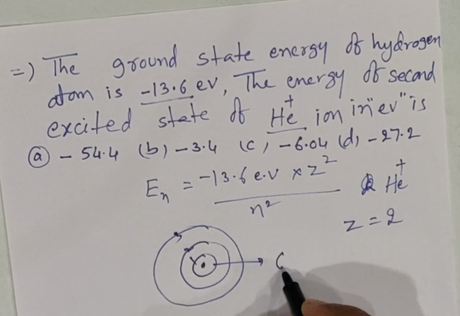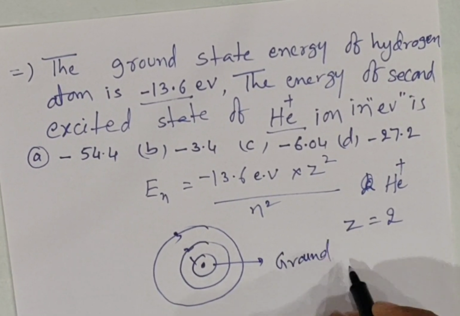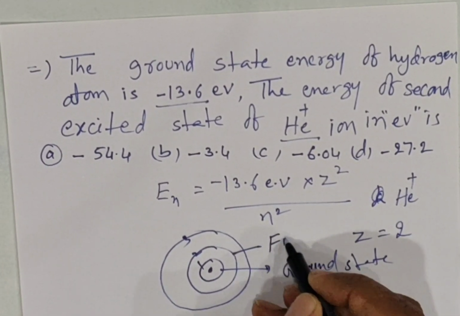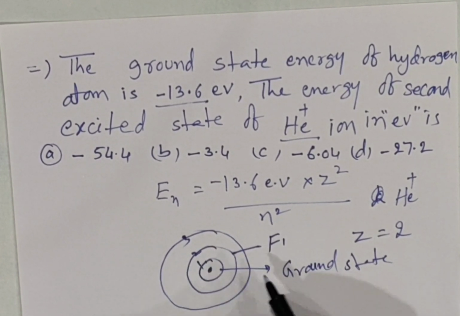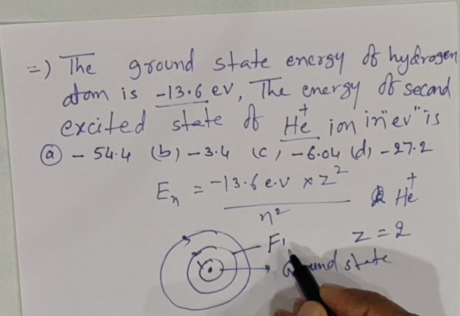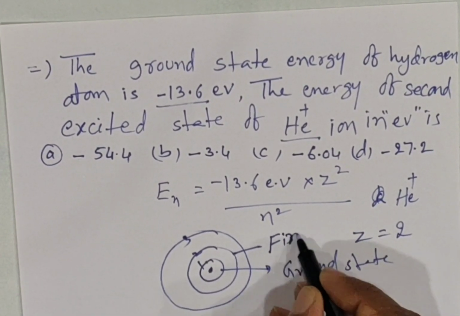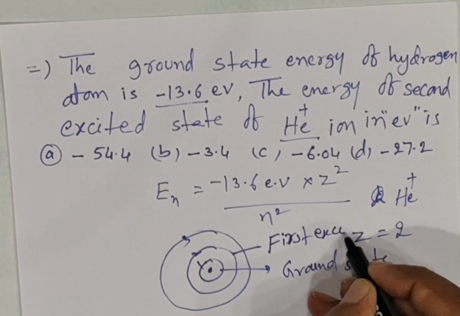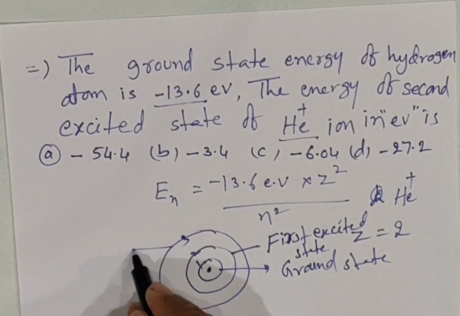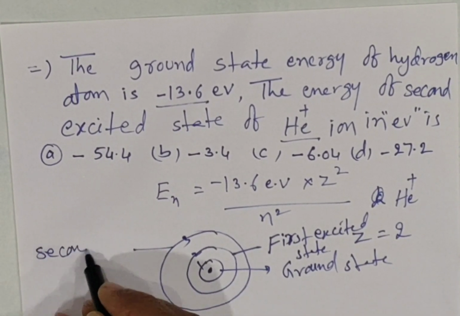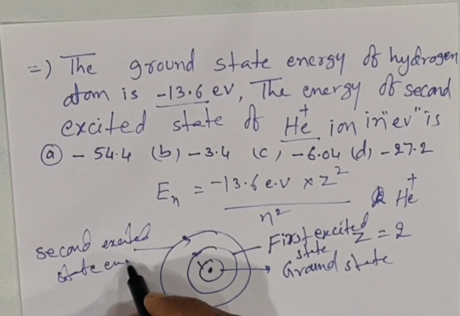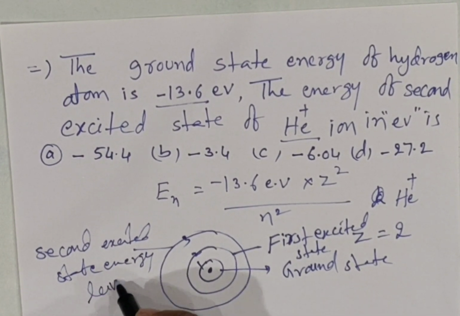The first one is ground state, and when the electron jumps from ground state to the second energy level, that is treated as first excited state energy level, and this one is second excited state energy level.